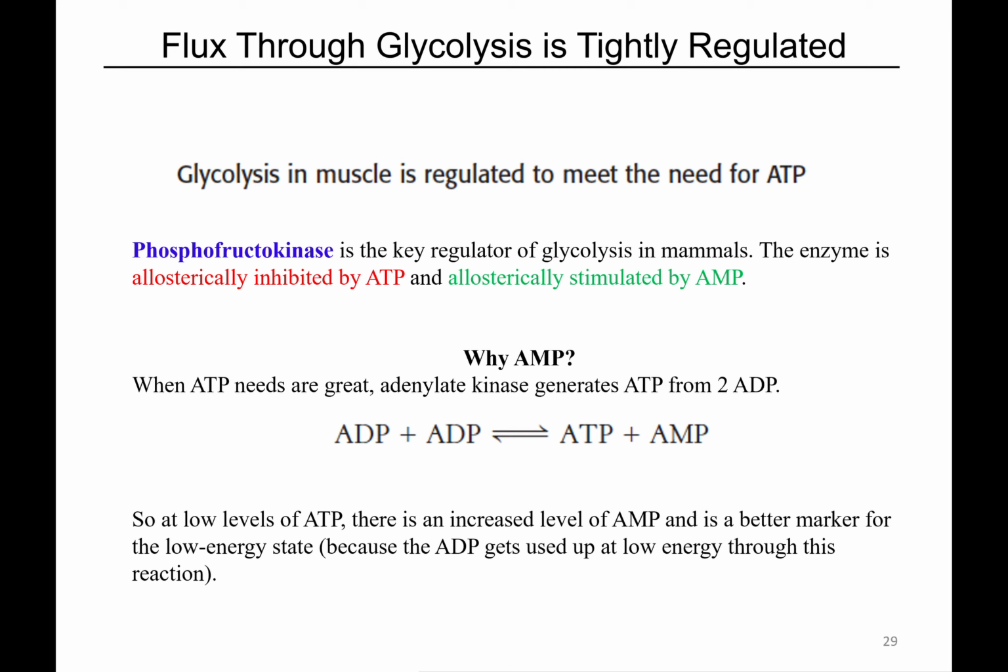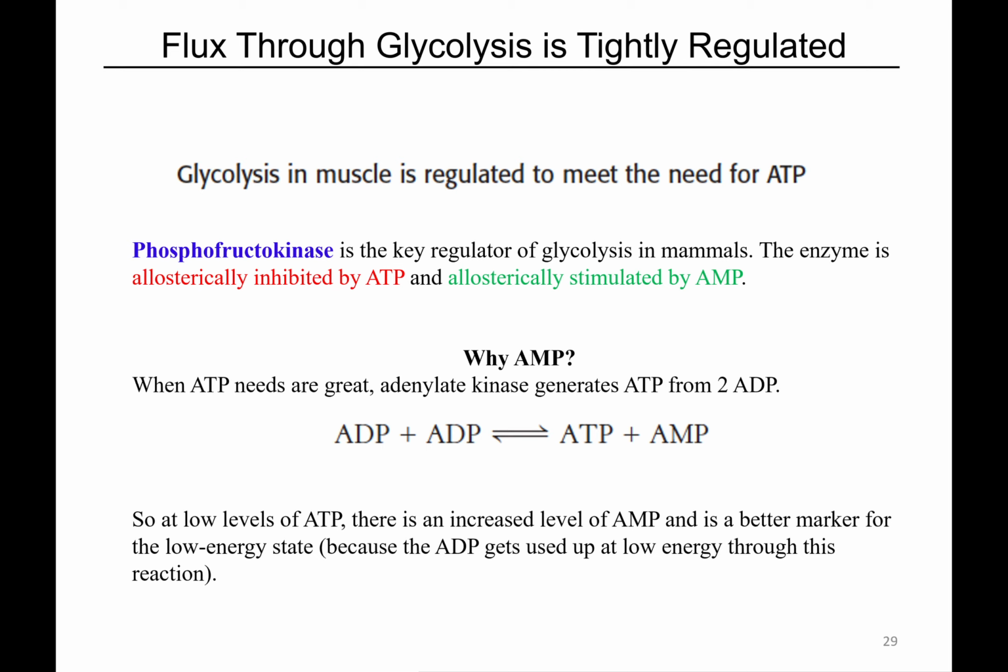So cells are really, really good at recognizing those relative concentrations, okay? And in glycolysis, there are three key regulatory enzymes, and they're the ones you expect. They're the ones that are irreversible. They're hexokinase, phosphofructokinase, and pyruvate kinase. Those are the three key regulatory steps, okay?